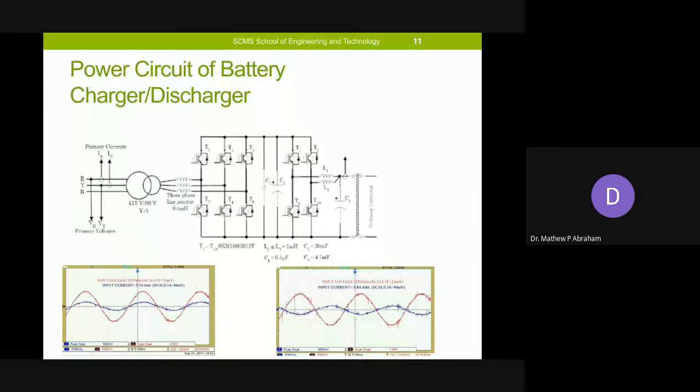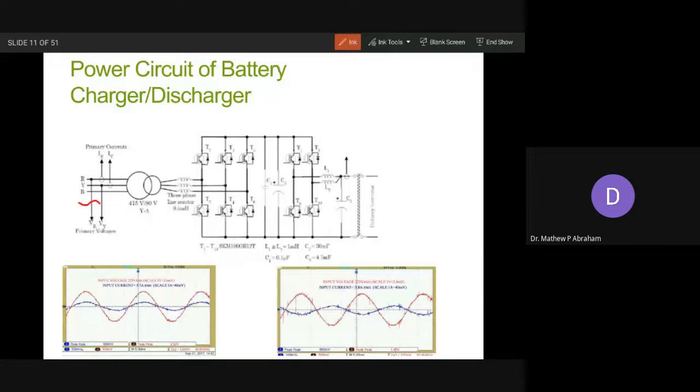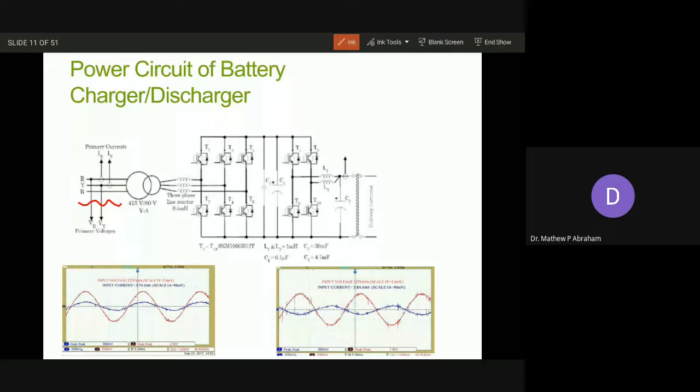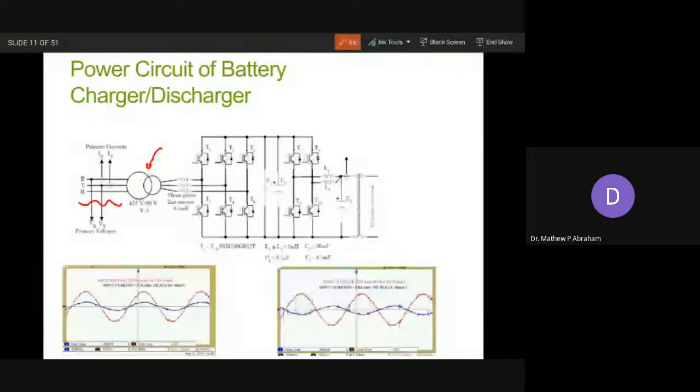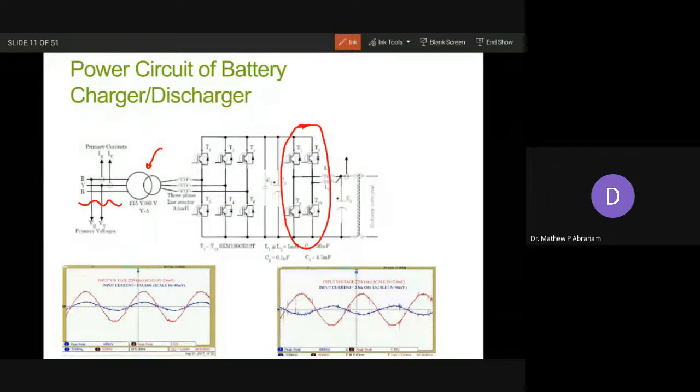So this was the setup, the basic power diagram of that. This was the grid. In order to make it compatible with the voltages of the battery, we provided a transformer, then a three-phase inverter, and the battery voltage will be constantly changing. So in order to make it constant, we put a boost converter. The boost converter is required for our MPPT control also.